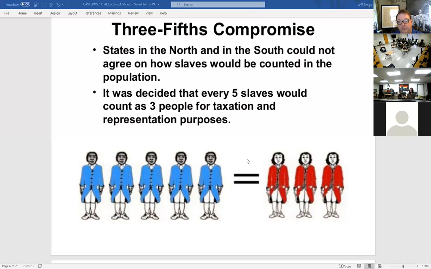Instead of requiring that all 13 states approve of the Constitution, they said 9 out of 13 have to ratify the Constitution. And when the 9th state does so, the Constitution will go into effect.